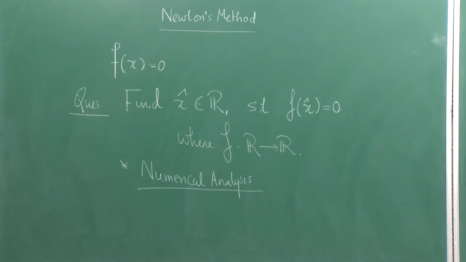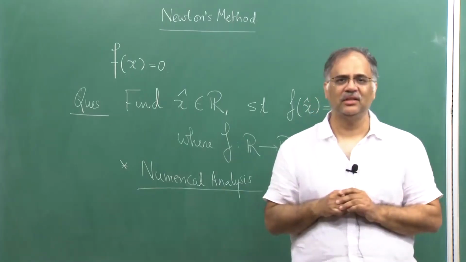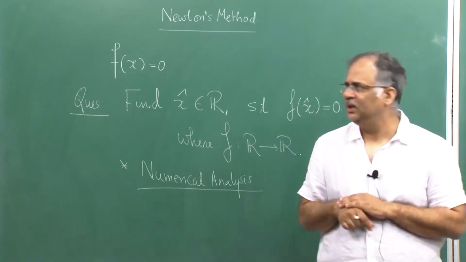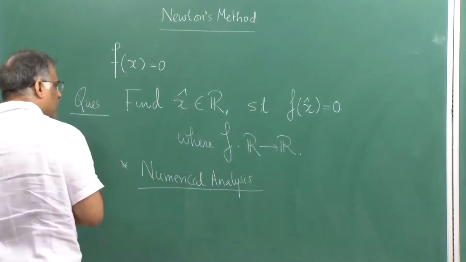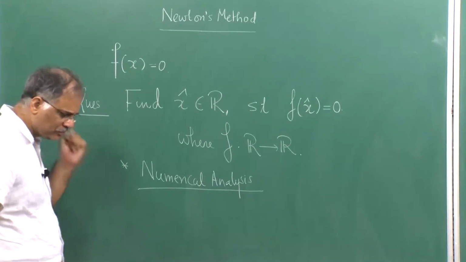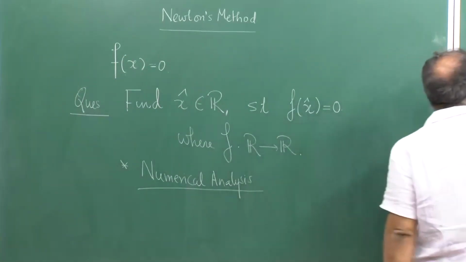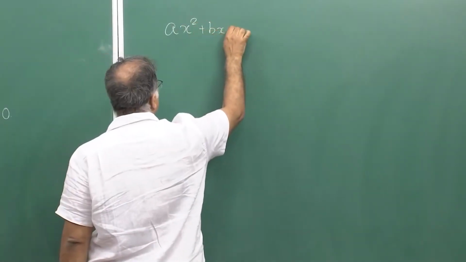I was solving equations. Now, I would turn around and say that I might just give you an equation that would be very difficult to solve. For example, you are aware that you can solve quadratic equations of the form ax square plus bx plus c.